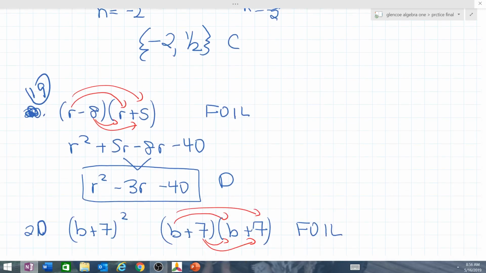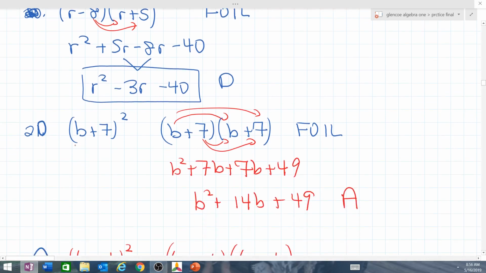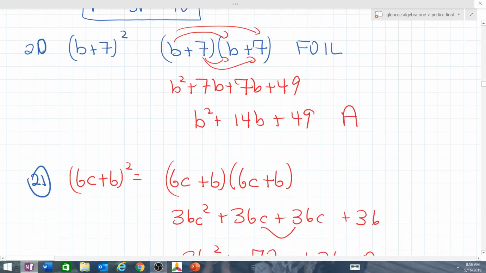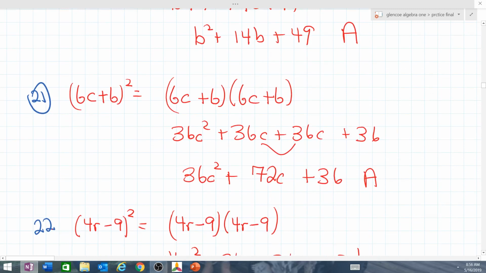19, it's just a straight FOIL. First, outer, inner, last. Make sure you combine terms. Number 20, pay attention. B plus 7 quantity squared means b plus 7 times b plus 7, which is b squared plus 14b plus 49. 6c plus 6 squared, same thing, 6c plus 6 times 6c plus 6.